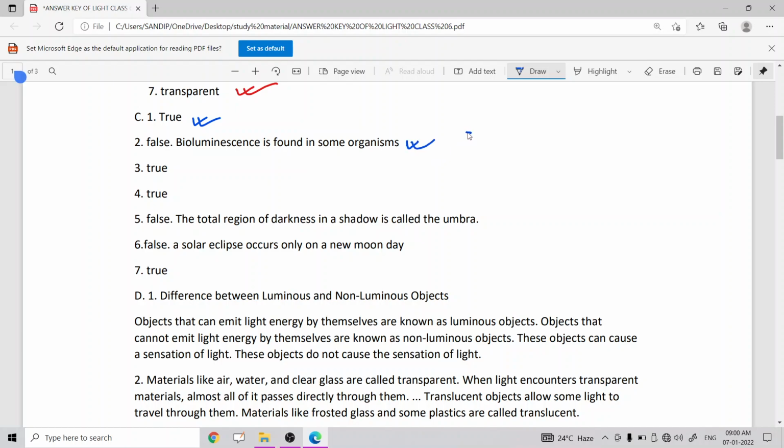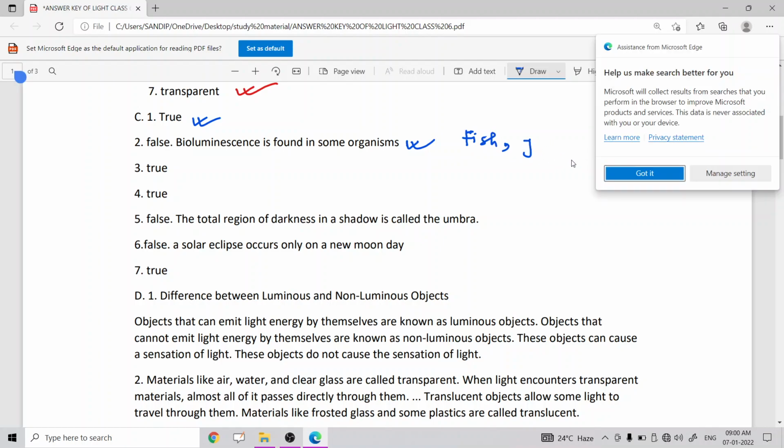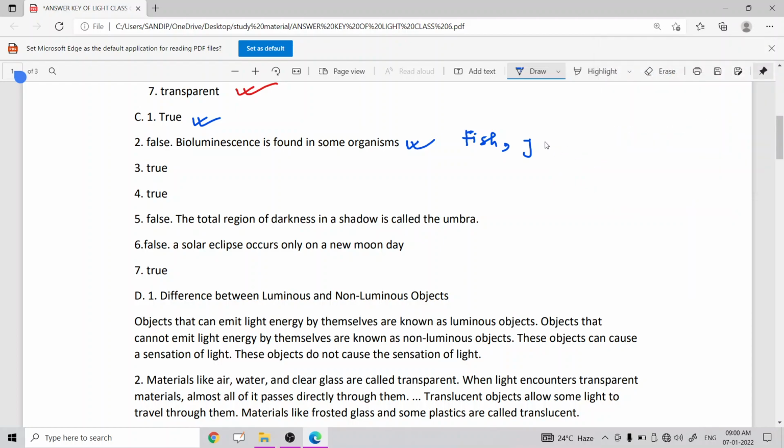Examples are fish, jellyfish, sometimes squid, and even some bacteria make bioluminescence. What is bioluminescence?